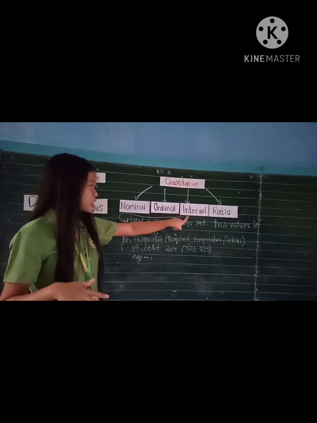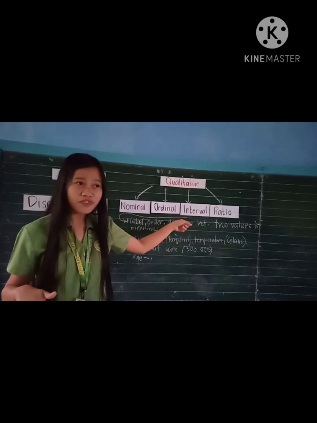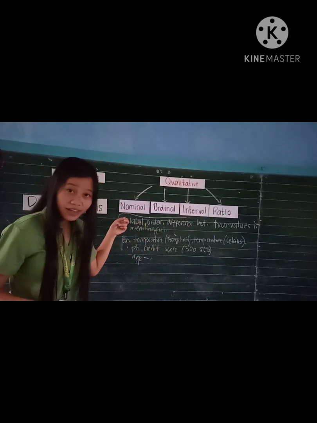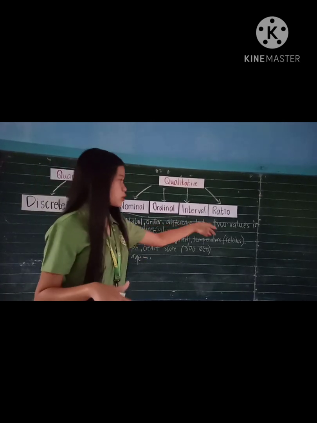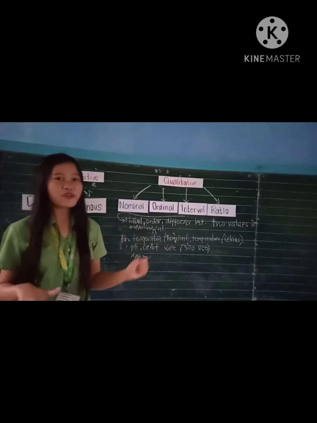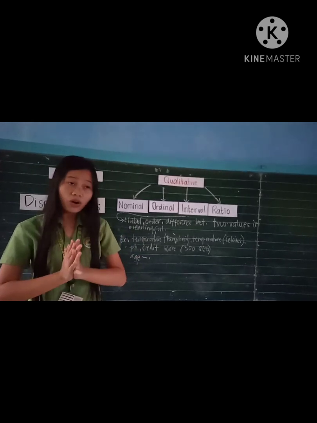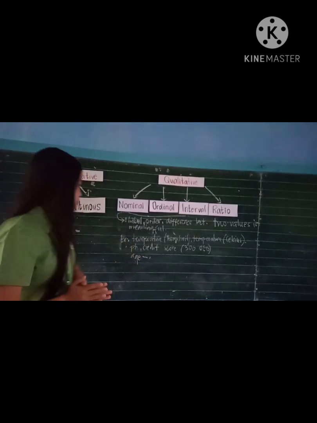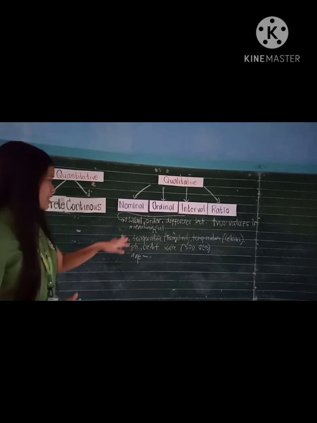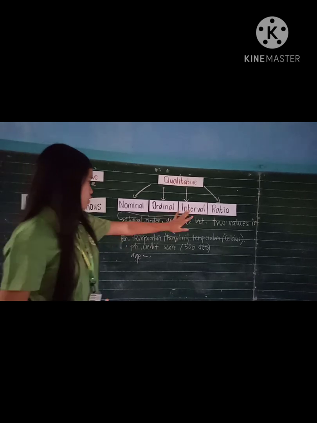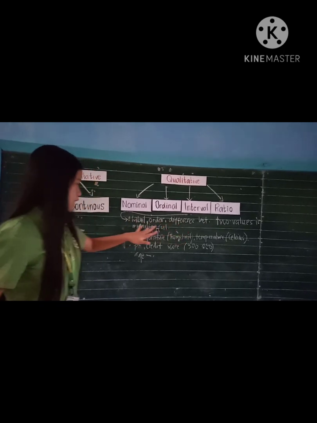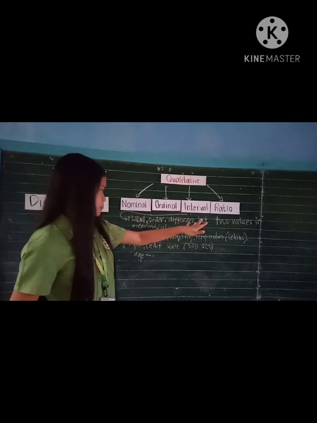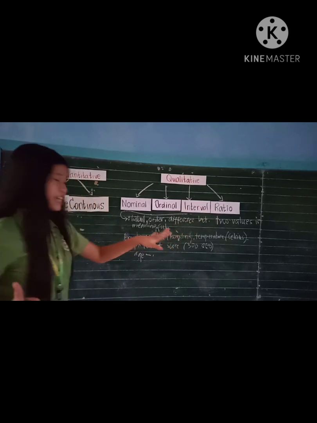And in the third level, which is the interval, it has a label, it has an order, and the difference between the two values is very important or meaningful. It is said that in interval, all three levels are important, and between two values, there is a difference.